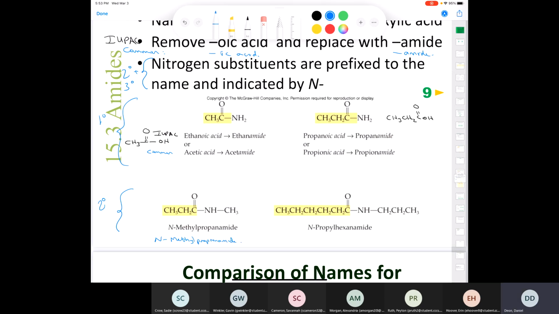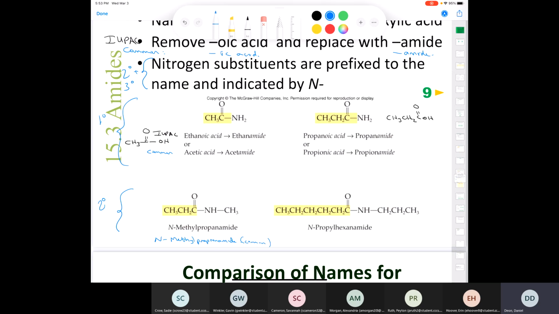Same thing here. We have N-propyl hexanamide. And since we didn't look at a common name for a 6-carbon carboxylic acid, this is the only name that we would use. It would be N-propyl hexanamide.